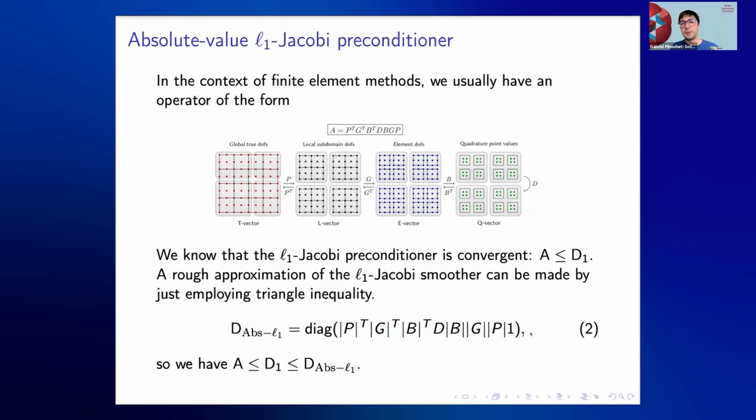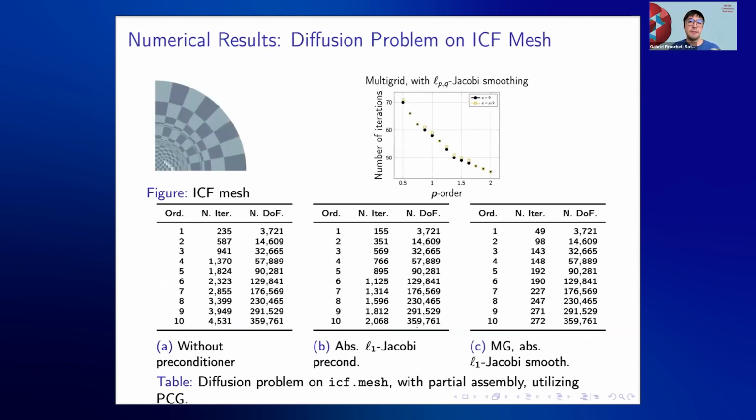Notice that the scope is quite different. In one sense, I'm handling hypre par matrices, so it's easier to modify this. In here, I need to precondition B transpose DB, and that implies going to the integrator level and handling those cases. So here I have one simple example, a diffusion problem, grad integrator on the ICF mesh.